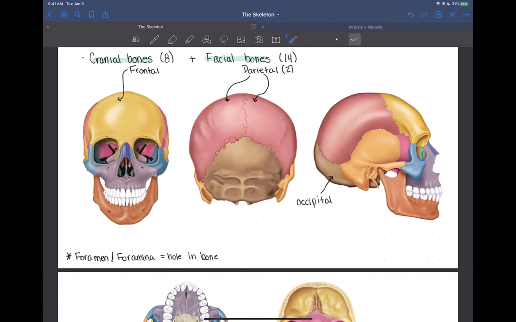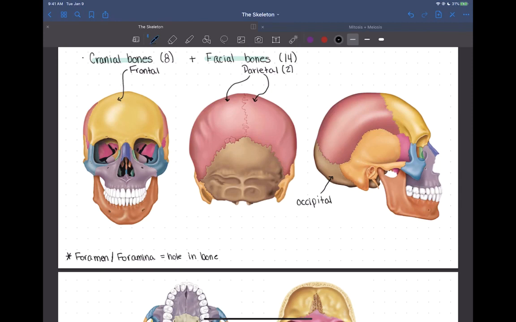So that's 4 of our cranial bones: 1 frontal, 2 parietals, and 1 occipital bone. Then we have our temporal bones. Think of your temples, on the sides of your skull.